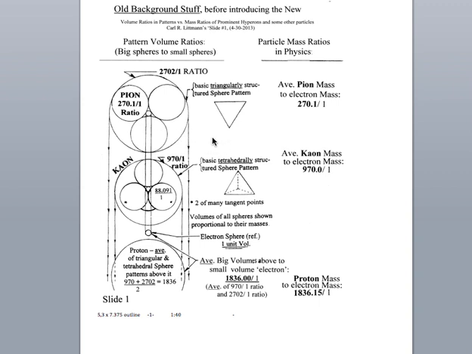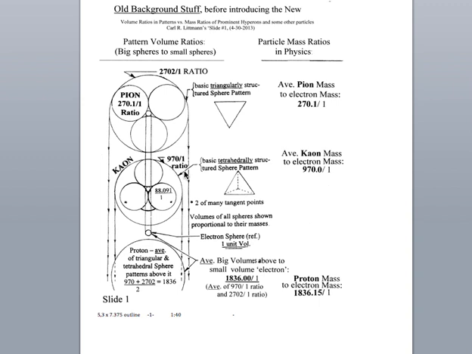But let's now talk about the sketch near the middle of the page, where a fairly large sphere surrounds and touches 4 medium-sized spheres, and those 4 surround and touch a small centered sphere. The volume of that fairly large outer sphere compared to the small centered sphere is a volume ratio of 970.00 to 1.